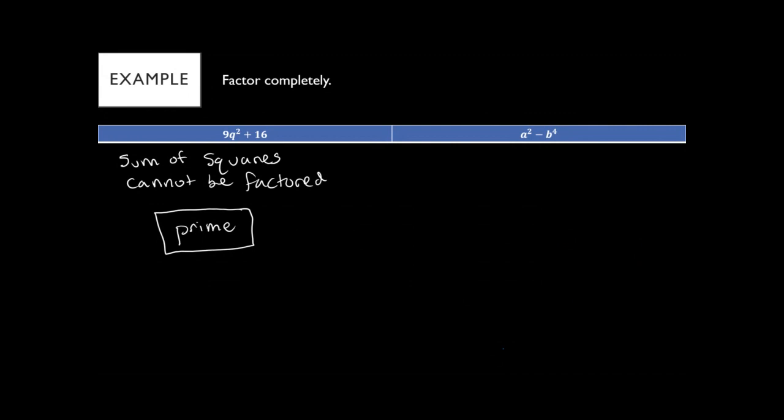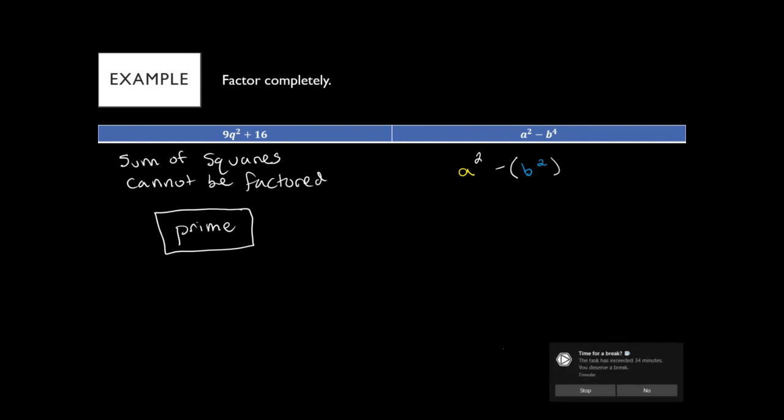So I'm going to rewrite this as a squared, which we didn't really need to rewrite, but instead of b to the fourth, this is b squared, squared. So now we're in our form, something squared minus something else squared.